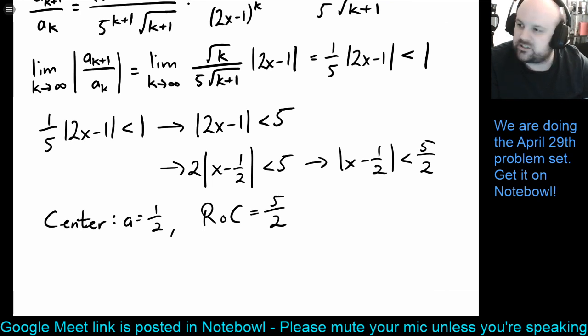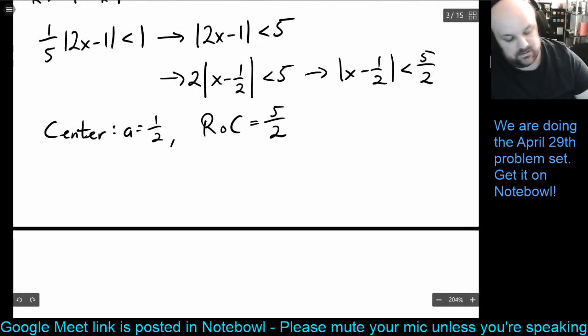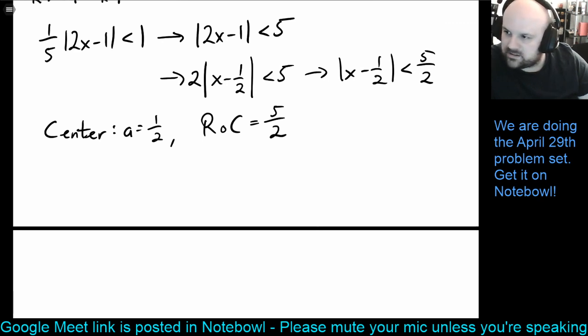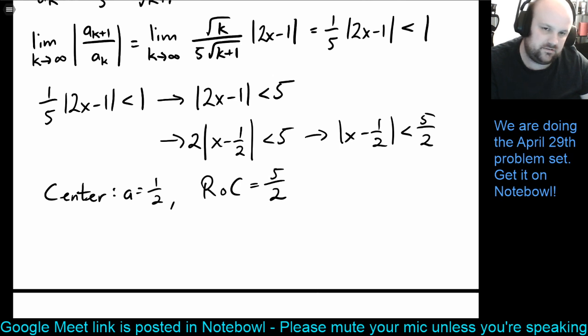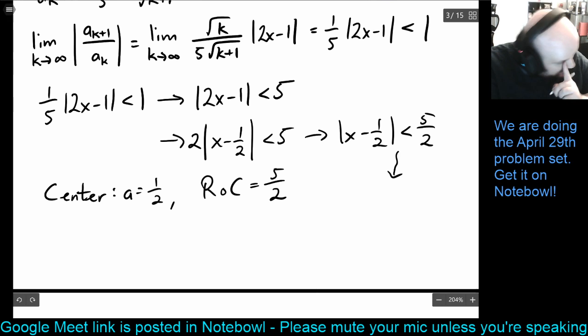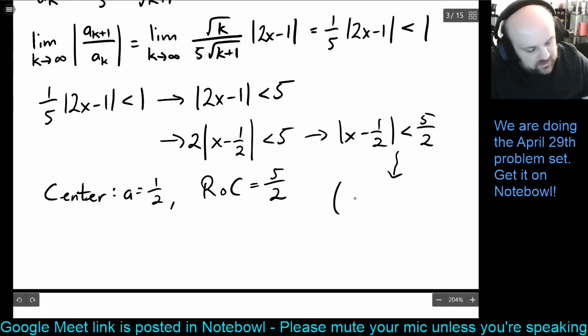And then our question will turn into, does it converge or diverge at the endpoints? How are we doing on time here? I'll leave that part to you to check. So this interval here will be, let's see, 1/2 plus or minus 5/2, so from -2 to 3.